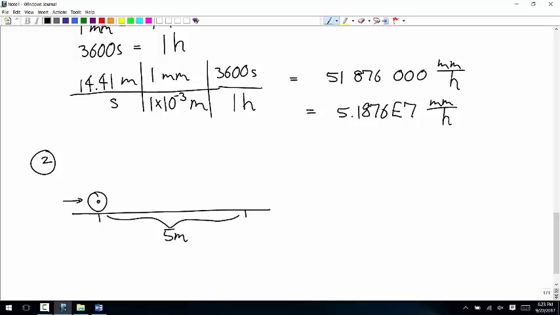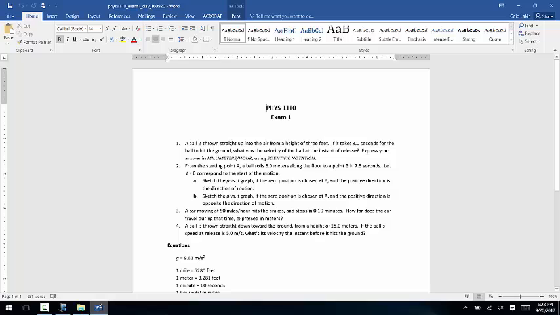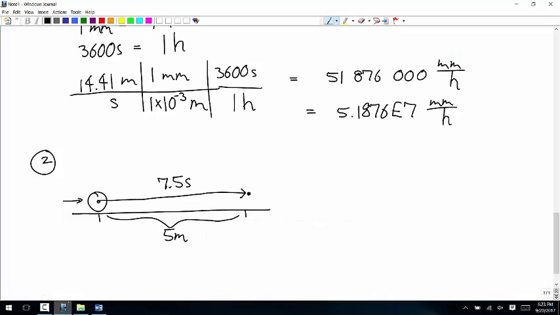The ball just goes from here to here in 7.5 seconds. And time equals 0 corresponds to the start of the motion, so that means this has the time label 0, and this has the time label 7.5 seconds.